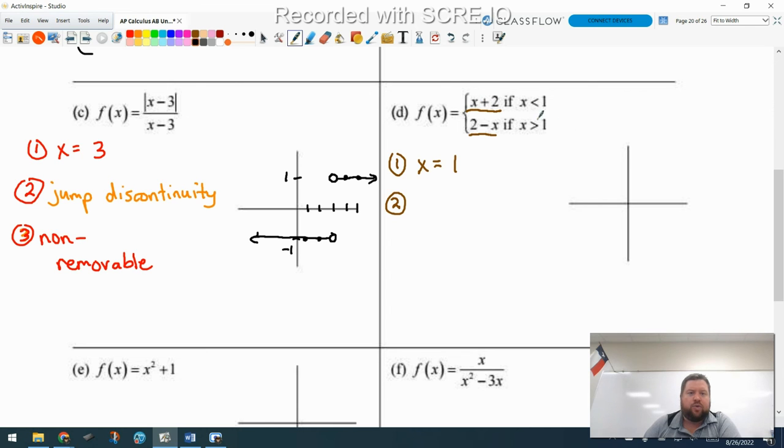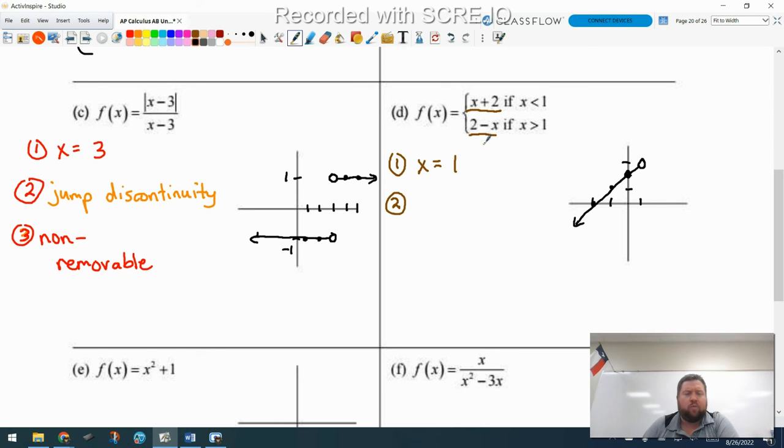So x plus 2, if I plug in 1, 1 plus 2 is 3. So 1, 3, and that's an open circle because it's not equal to. And then I graph to the left, less than 1. Slope is 1, so we just go down 1, left 1, and that's my y-intercept. I'm going to do that a couple more times to get my x-intercept right here at negative 2. All right, there's that graph.